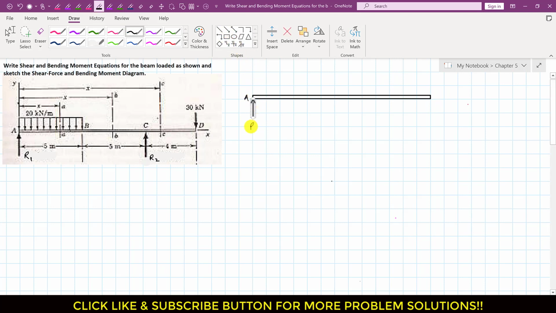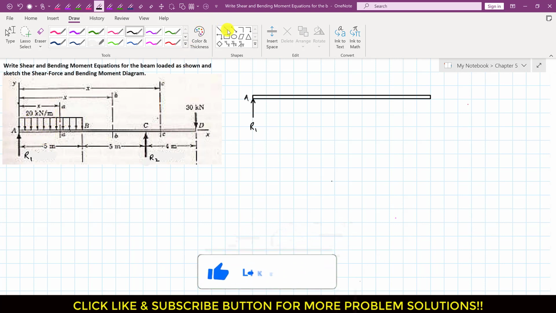This is R1, and here we have this distributed load which is acting along the 5 meter length from point A. If we want to represent this distributed load by its corresponding concentrated load, then the concentrated load magnitude will be equal to the area of the distributed load, right?